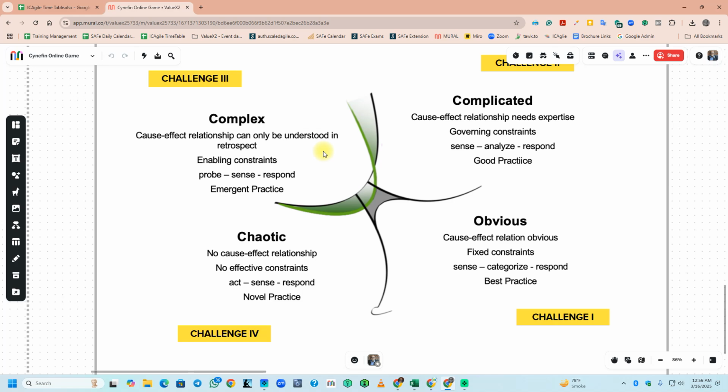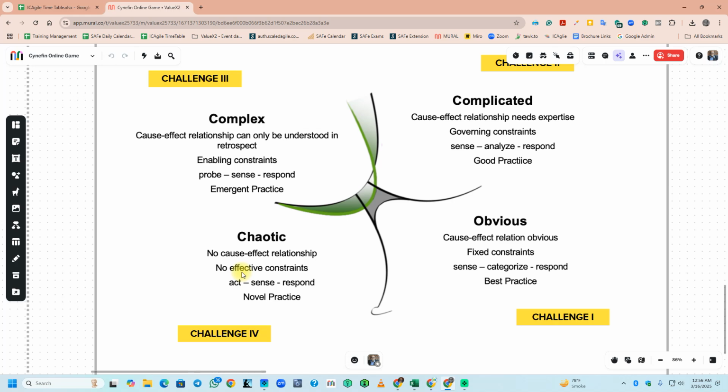Now, in the third case, the complex situation, you will go to the product team along with your team leader to find out and experiment with some probable solutions that the product team would like to try. Then you will sense that particular problem and respond to it. Now, in the fourth case, the chaotic situation, you will act first based on experience, as you are very much aware that this situation cannot be solved easily for the customer.